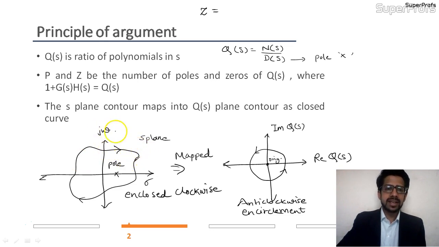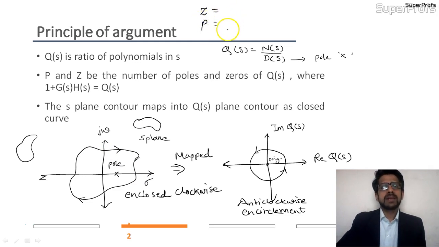It can be here, it can be like this, or anywhere. So let us say Z be the number of zeros which are enclosed by the S-plane contour, and P be the number of poles which are enclosed by the S-plane contour.